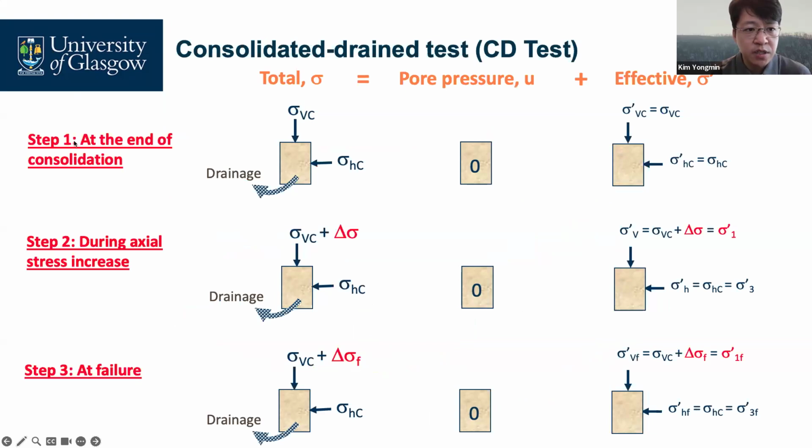One is the consolidation. The second one is the deviator stress. And then if this stress keeps on increasing, and the pressure reaches the failure stress, your soil sample will fail.